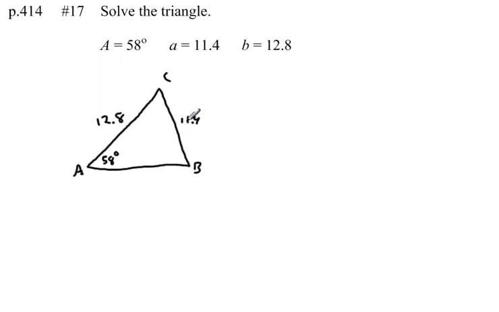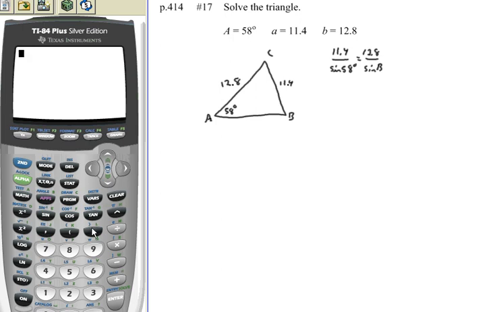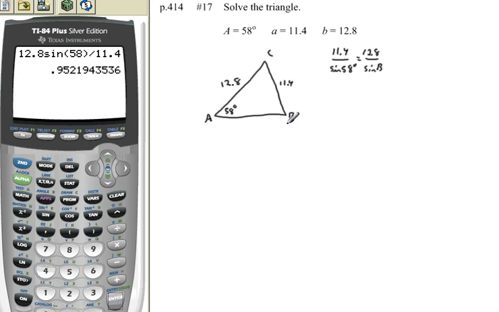So we're given a side and the opposite angle, so I can use the law of sines. I can say 11.4 over the sine of 58 degrees equals 12.8 over the sine of angle B. So let's get out our calculator and use it to solve for B. I type in 12.8 times the sine of 58 degrees divided by 11.4, and I get the sine of B is equal to 0.95.